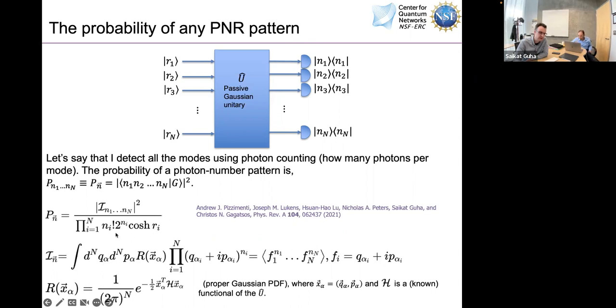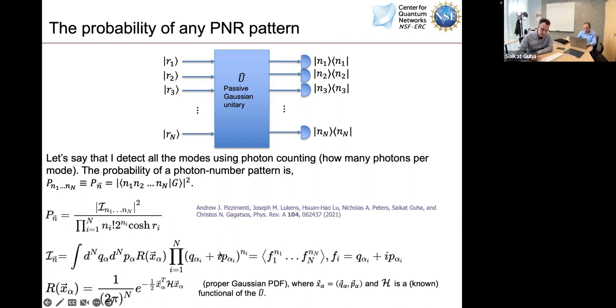This is the stuff that we know. These Ni are the members of the photon number pattern. The important thing is the numerator of that expression. The numerator takes this, some will say ugly, I will say not ugly, form, where R is some specific Gaussian distribution, and H is the covariance matrix of that Gaussian distribution, which is given as a function of the squeezing and the elements of that passive Gaussian unitary U.